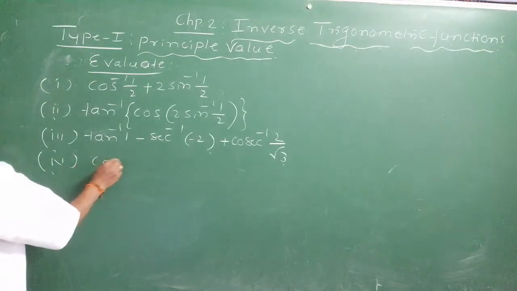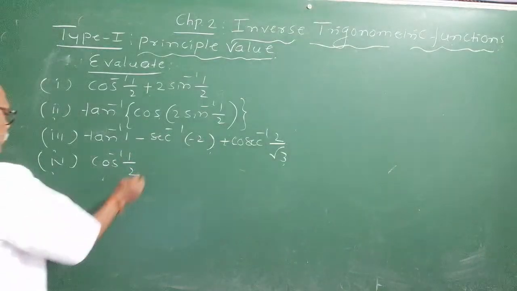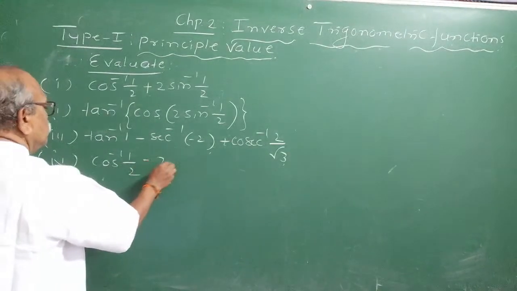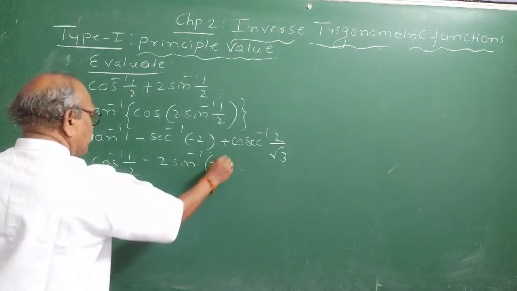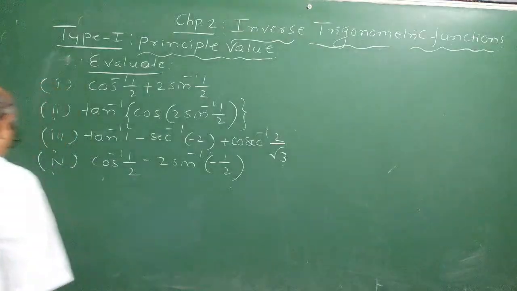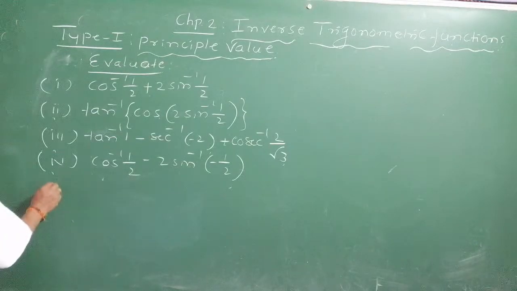Cos inverse 1 by 2 minus 2 sin inverse minus 1 by 2. Fifth one.